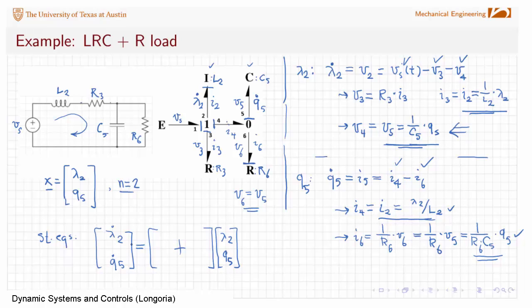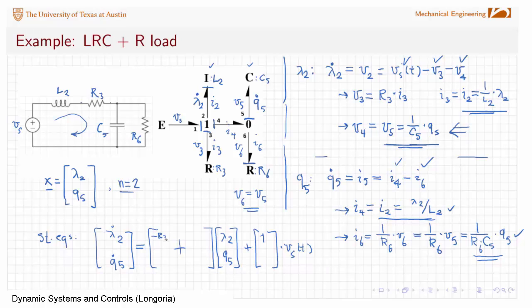Right, lambda dot 2 would be, and you're going to need your input also. There's only one input, so I can pull it out of here. So lambda dot 2 is equal to what? 1 times Vs of t, but then it depends on lambda 2 with this term here, and it's got a negative in front of it. So lambda dot 2 is minus what?